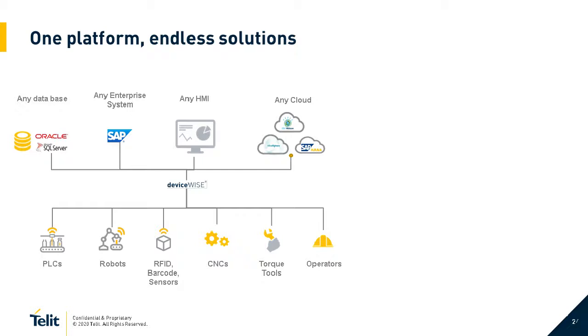Again, to reiterate, it's one platform with endless solutions. There are many different ways it can be packaged together, and it's not a mutually exclusive choice. You can combine many different technologies into one solution. So maybe some of your data is going into an IBM maintenance system. Another set of data needs to go to AWS for your next generation analytics project.